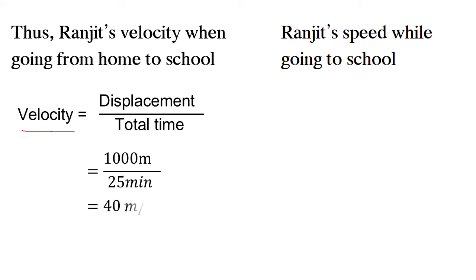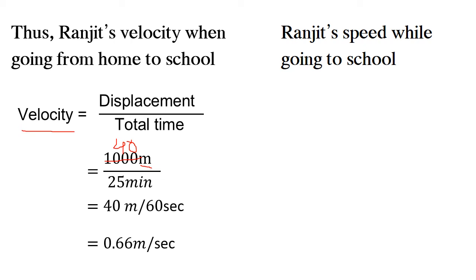That is equal to 40 meter upon 60 second, so 25 into 40 is 1000, that is 40 meter, and velocity is in meter per second, so upon 60 second. So this will be equal to 0.66 meter per second.